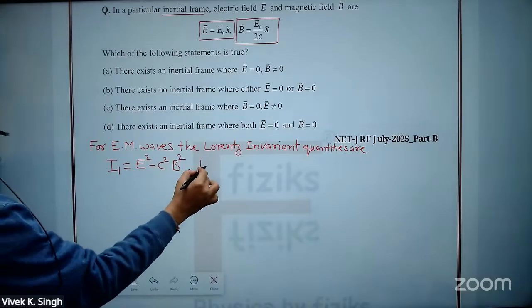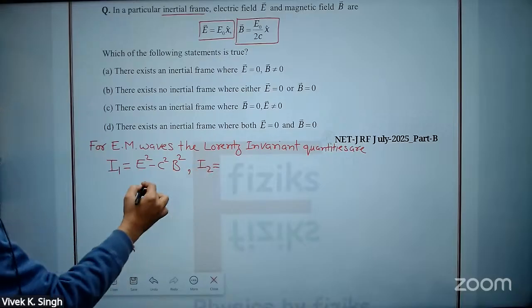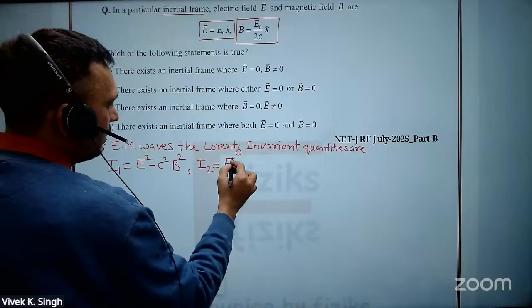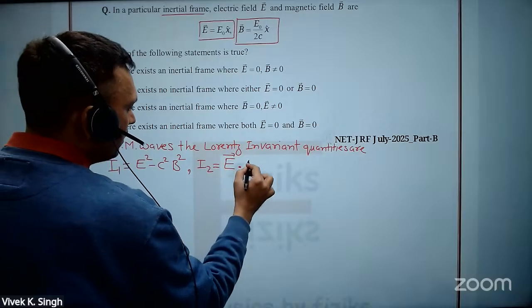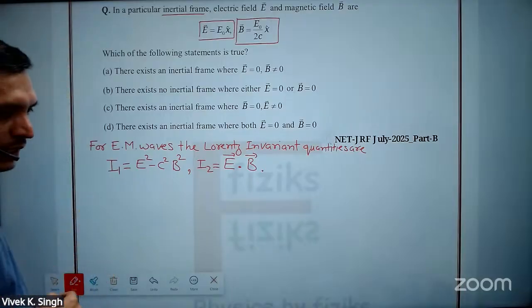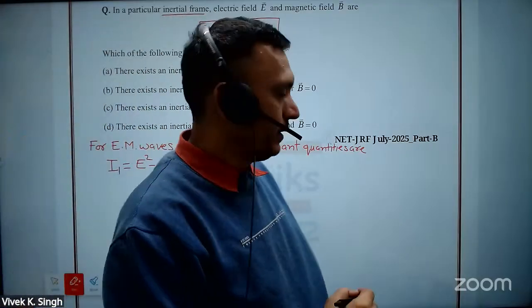And the second one is I2, and that is E dot B. They must be Lorentz invariant. So I1 and I2 will not change.